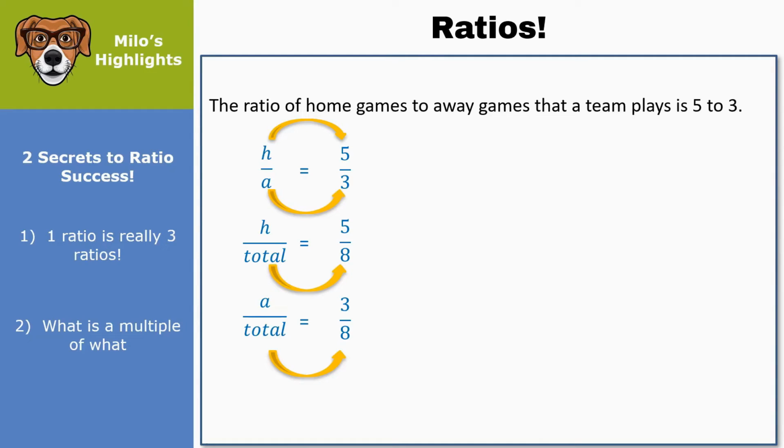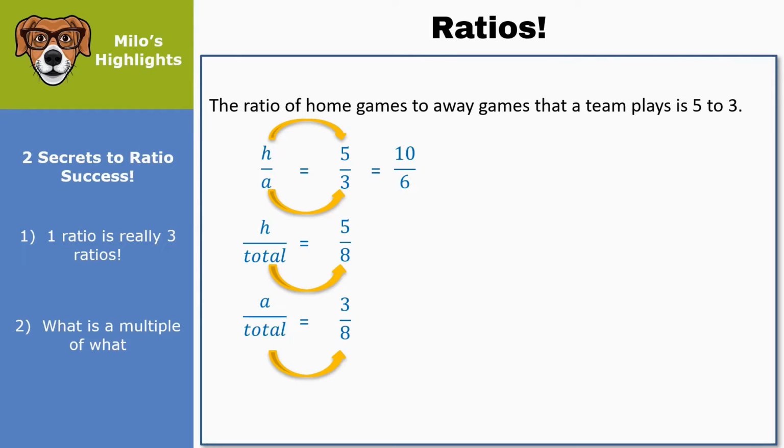Now, we can change any ratio just so long as we multiply the top and bottom by the same number. That means if the team played 10 home games, then they must have played 6 away games. If we multiply the top number by 2, we have to multiply the bottom number by 2 because the ratio always has to stay 5/3.